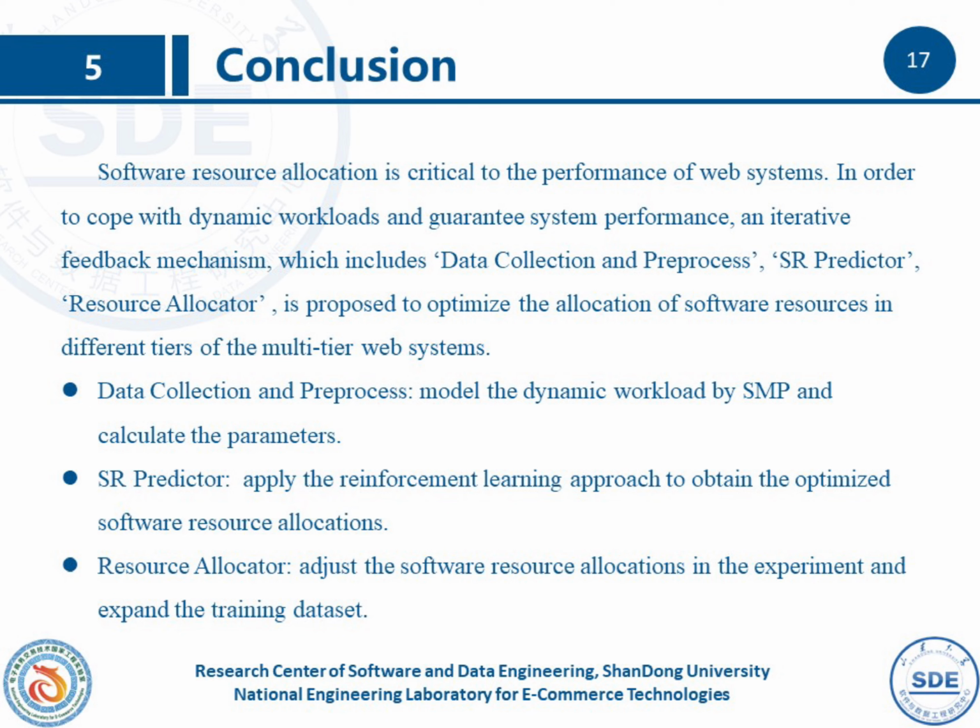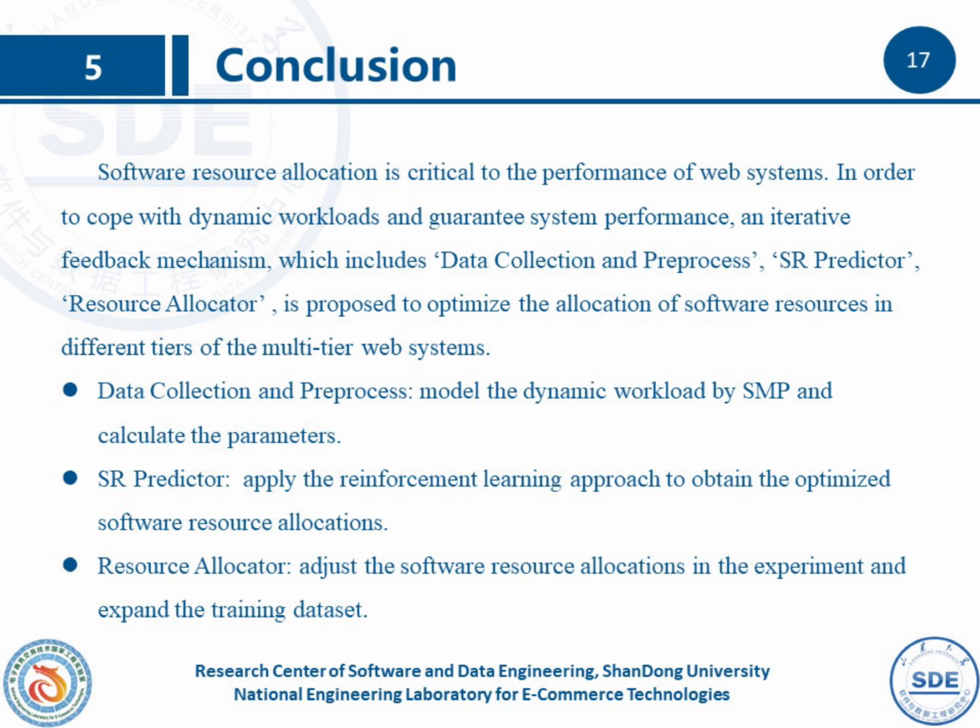In the data collection and pre-processing module, it models the dynamic workload by semantic processing and calculates the parameters. In the SR predictor module, it applies the reinforcement learning approach to obtain the optimized software resource allocations.